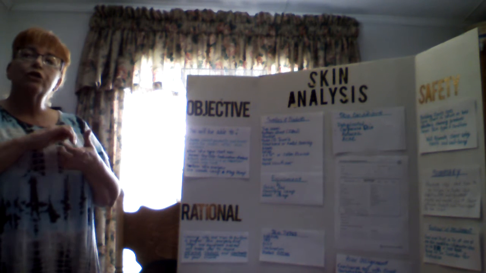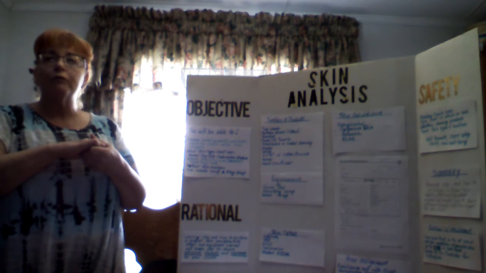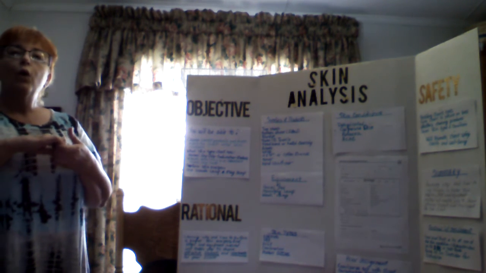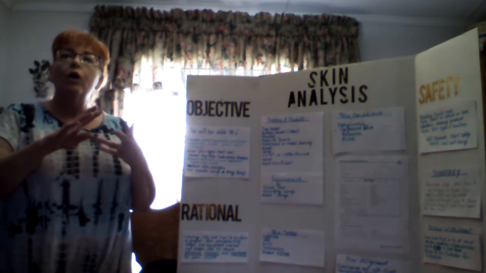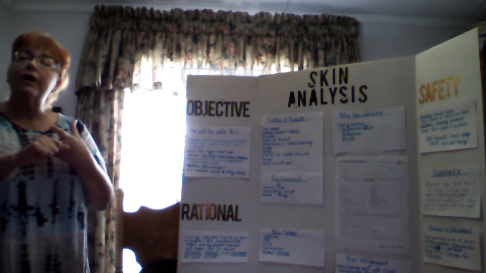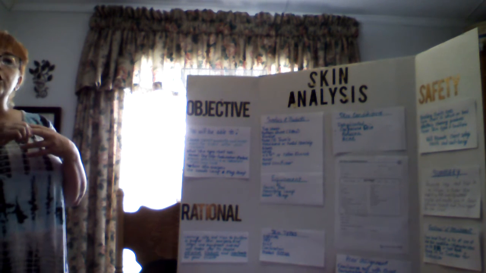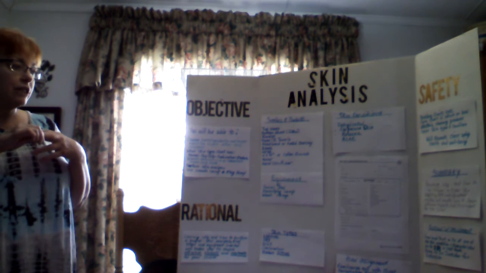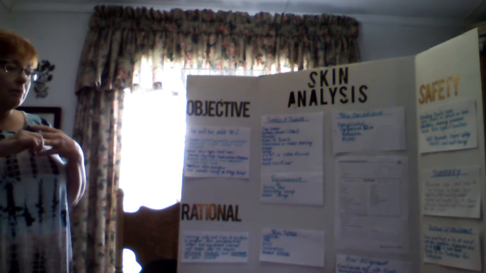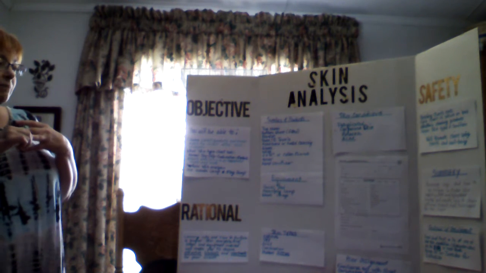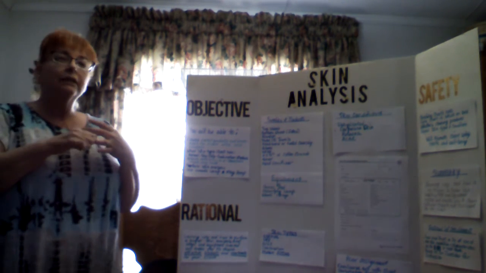Do a little research, write a little one paragraph about what that skin condition is, and what are some treatments available that are good for that particular skin condition or characteristic. We will follow up this assignment with an assessment rubric on Tuesday.